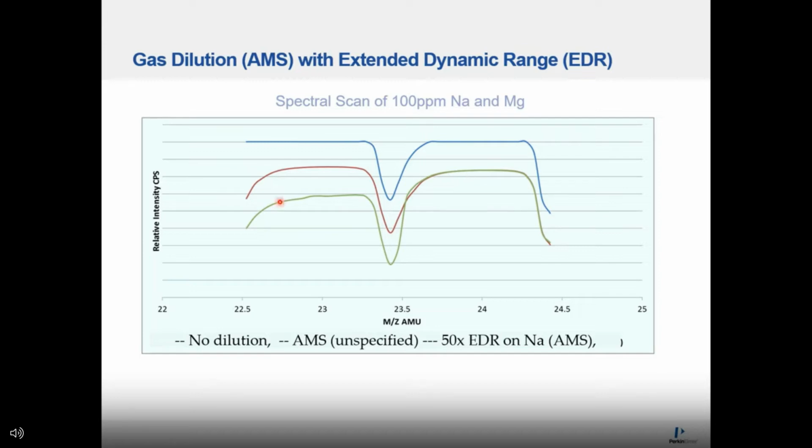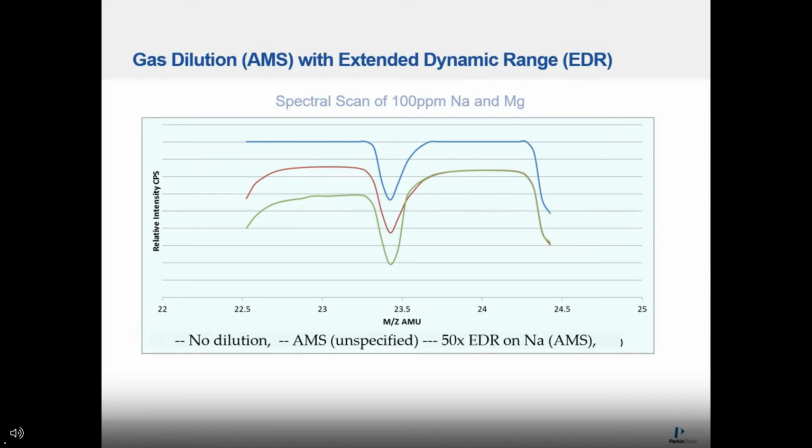For the green signals, we have applied EDR selectively on sodium on top of using the AMS. As you can see, the signals at mass 23 decrease, but since the EDR was not applied to magnesium at mass 24, its signals remain unaffected, just as with the red lines.